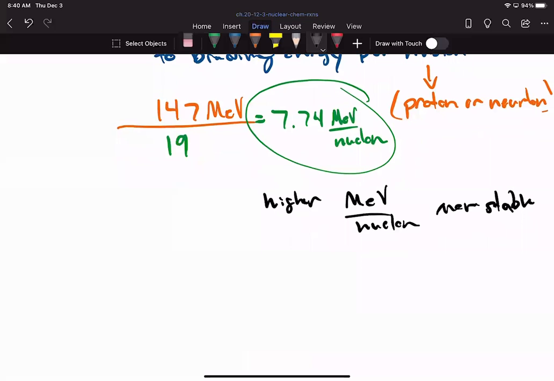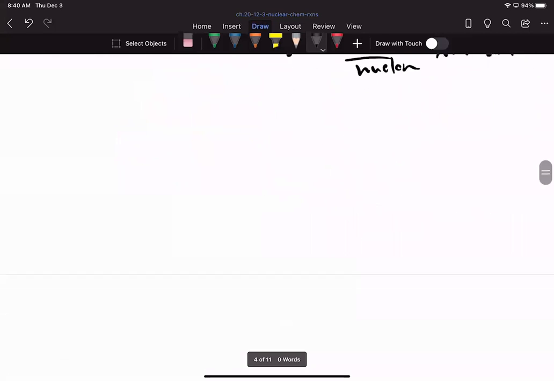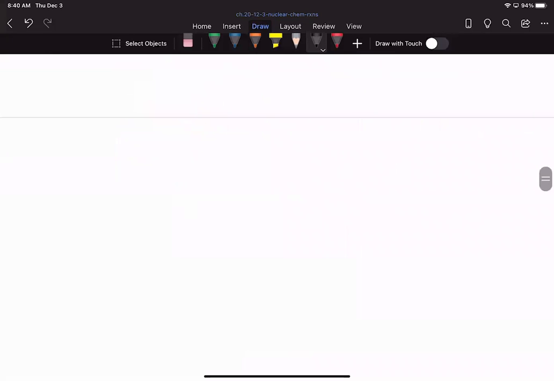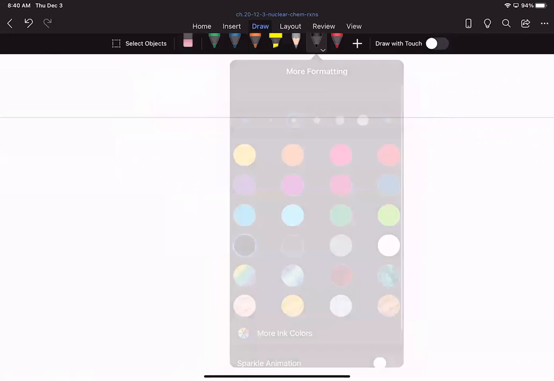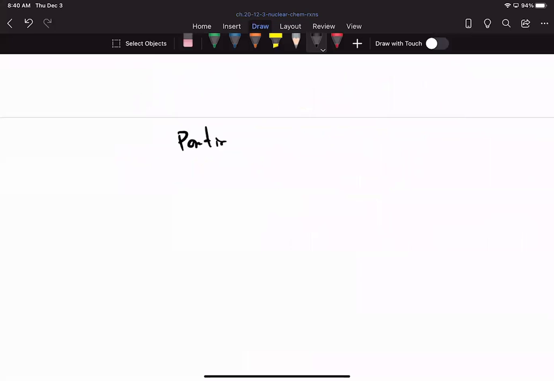Now let's look at particles that are in some of these nuclear reactions. So let me start in a fresh page here. Particles in nuclear reactions.